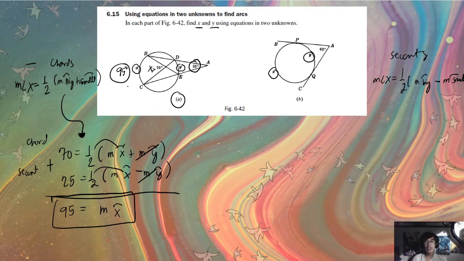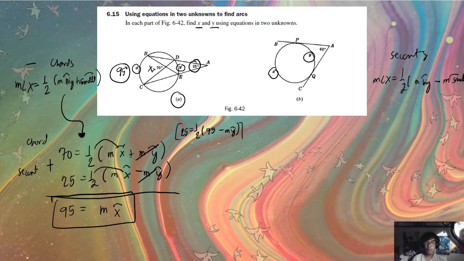Now, if this is 95 degrees, how do we solve for the measurement of arc y? Let's use the secant formula, since it is a secant problem. That's 25 is equal to 1/2 the measurement of arc x, which is 95, minus the measurement of arc y. We can now solve for the value of arc y.